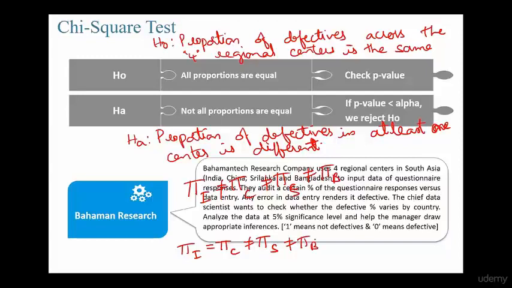Maybe this is one scenario. Another scenario could be this is not equal to this, but this is equal to the proportion of defectives in Sri Lanka. So there are a lot of possibilities available. So you can never write that proportion of defectives are different. Yeah, we cannot write it in that way. Hence, proportion of defectives in at least 1 center is different. That is how we write.